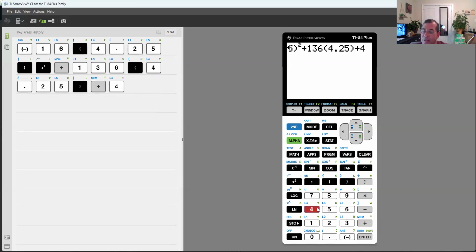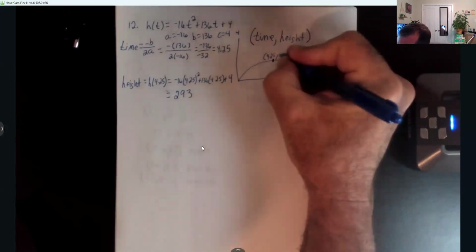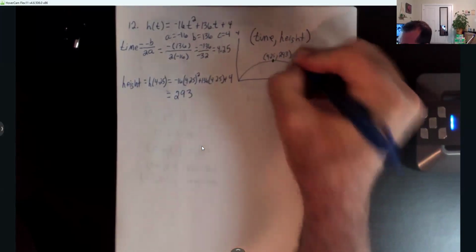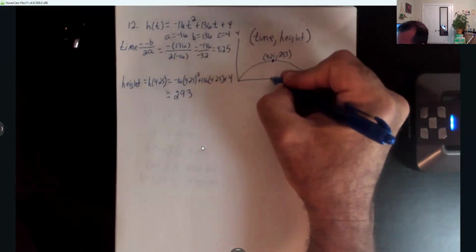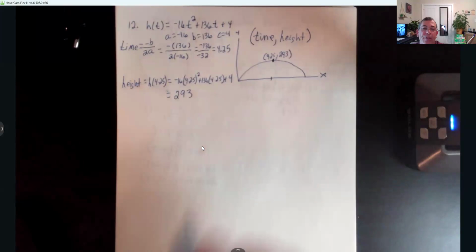So y'all, it's punched in just like it looks. So if we hit enter, we get a maximum height of 293. So I know my vertex here is 4.25 and then 293. It took it 4.25 seconds to go this height of 293, okay?